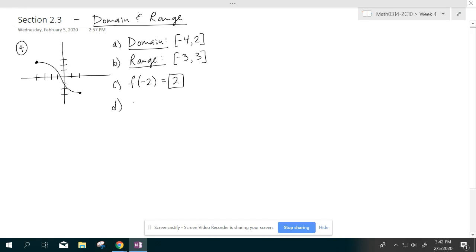Part D. Okay, now let's ask it this way. f of x is negative 2 when x equals what?